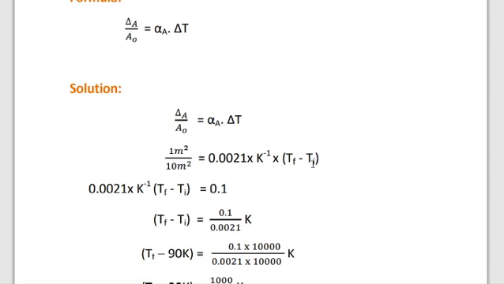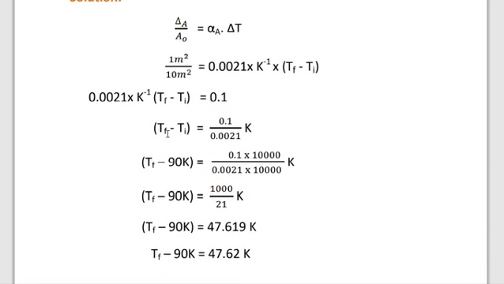Here TF minus TI means the change in temperature, that means final temperature minus initial temperature. So we can cancel 1 and 10 to get 0.1. So now we interchange the right and left sides. So 0.0021 into K power minus 1 into TF minus TI is equal to 0.1.